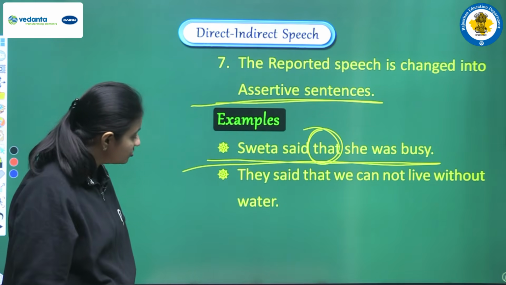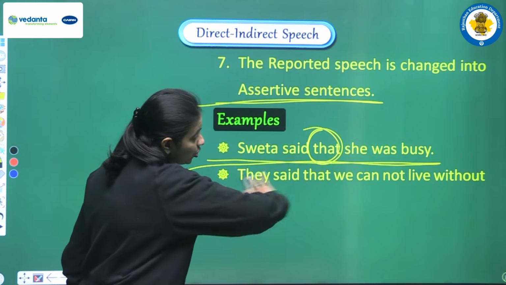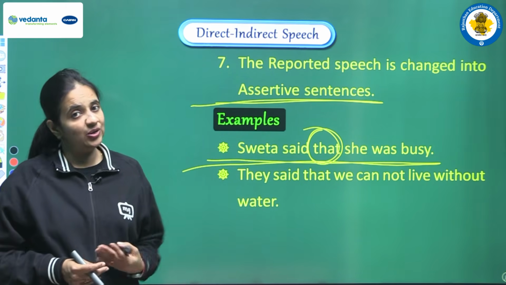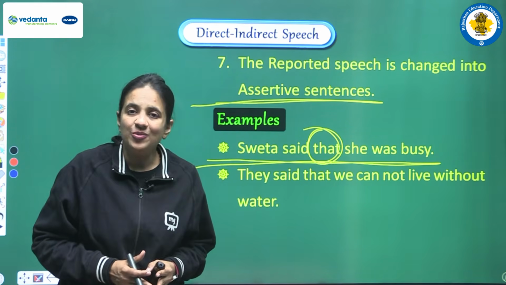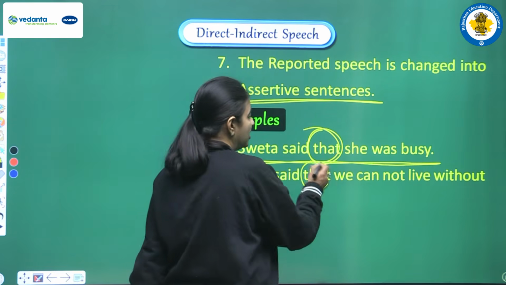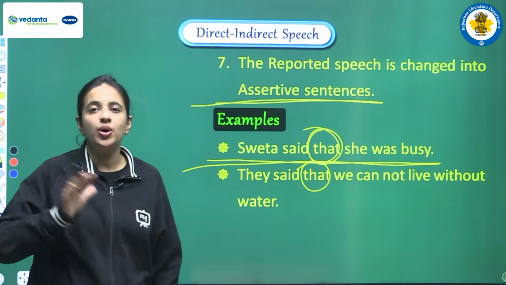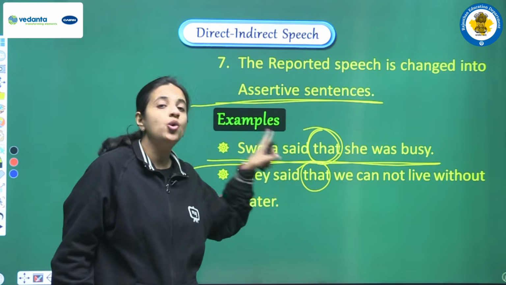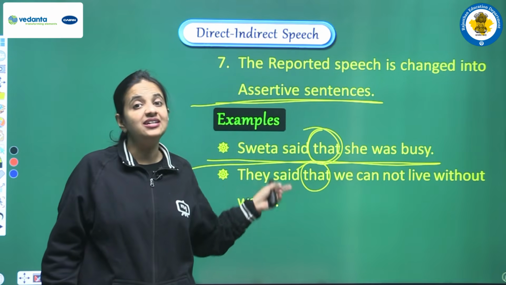Second example we are having, they said that we cannot live without water. In this example also we can observe that there is no comma used in the sentence. All the commas, inverted commas and comma, have been removed. Second, when we remove the comma, again we have to add one word that will serve as conjunction, and in this example also we are having that as a conjunction.